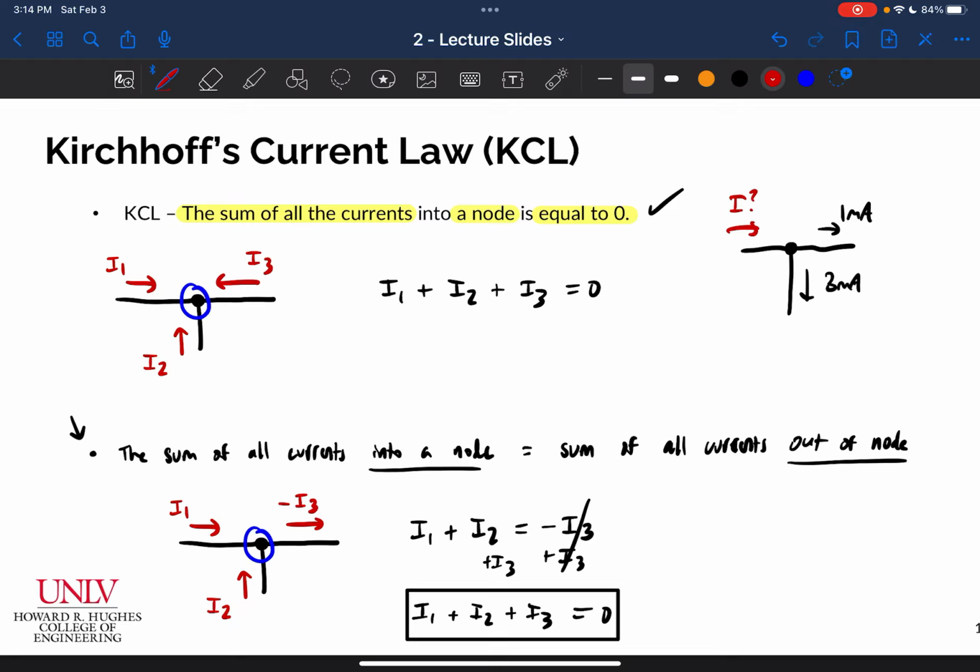Well, quite easily, it's the sum of the currents out of the node. It would just be 1 milliamp plus 3 milliamps, or 4 milliamps. All right, so that was just a brief explanation of KCL, and in the next video I'm going to go ahead and use it to solve a circuit.